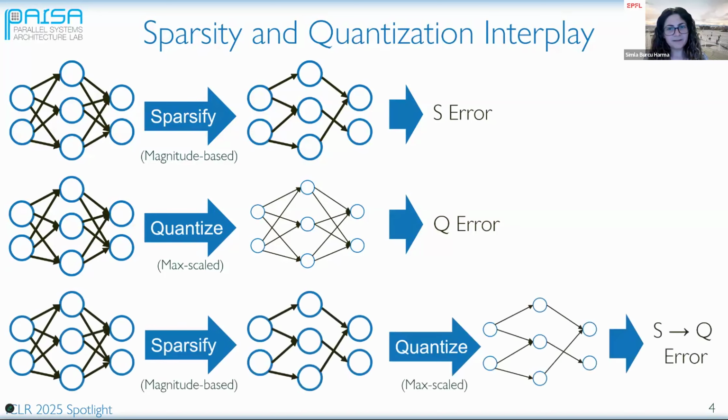So what happens when both are applied? They are often used together for maximum compression, and in this slide, we illustrate the error introduced by combining sparsity and quantization. The question is, can we assume that the total error is simply the sum of the individual errors?